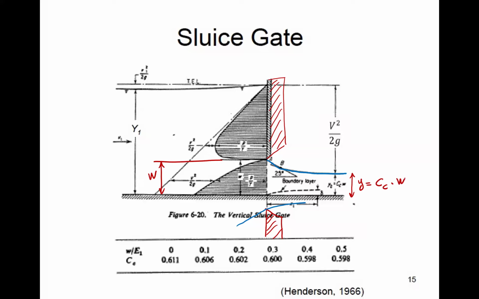And this table at the bottom is showing the C sub C values. So this is CC, and it's the ratio of the area of the actual flow thickness or jet thickness to the area of the opening.